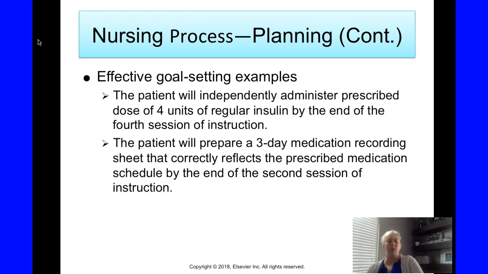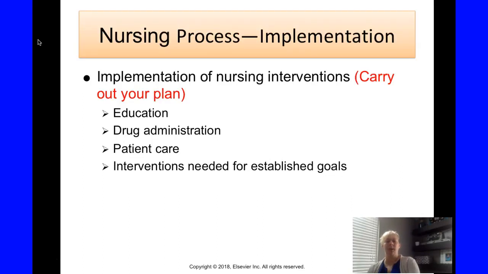The patient will prepare a 3-day medication recording sheet that correctly reflects the prescribed medication schedule by the end of the 2nd session of instruction. So you see how detailed this is. And look at these examples. These are all part of planning. So this is what you want your patient to do. So you're making your plan.